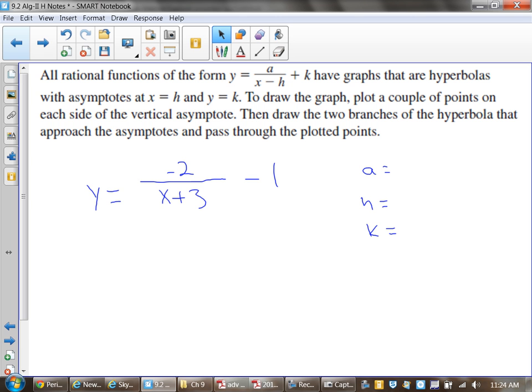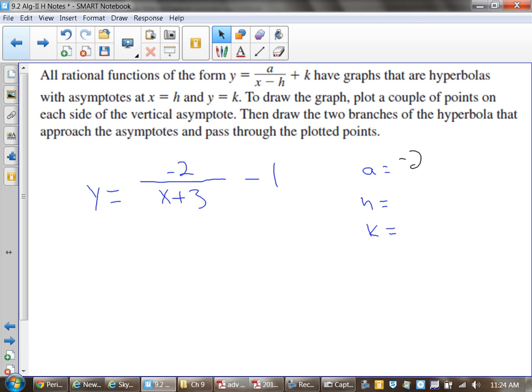Just like we've done in the past when dealing with a, h, and k, the easiest way to set yourself up is to label what your a, h, and k are, because you're going to use them all the time. So if I'm looking at this problem here, what's my value of a? -2. What's h? Is it 3 or -3? -3.